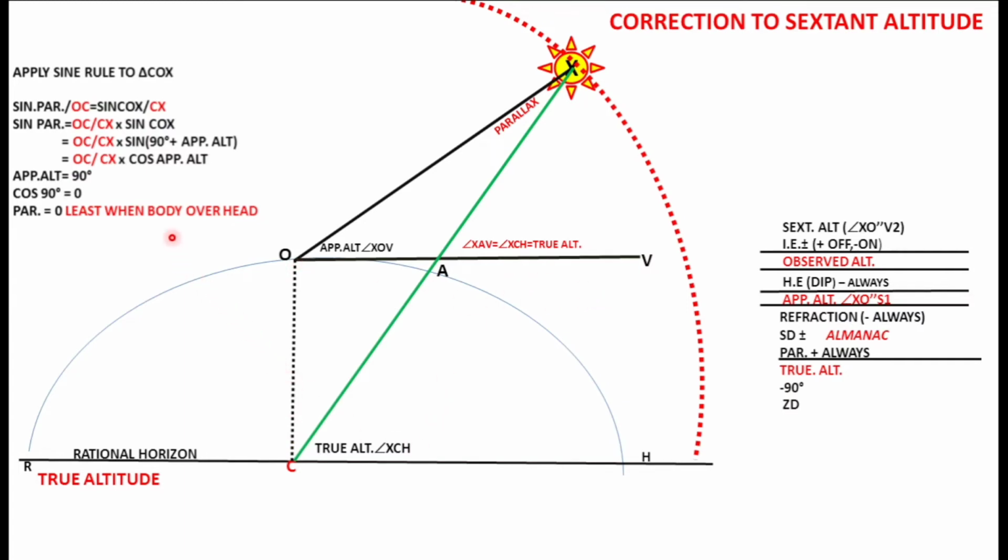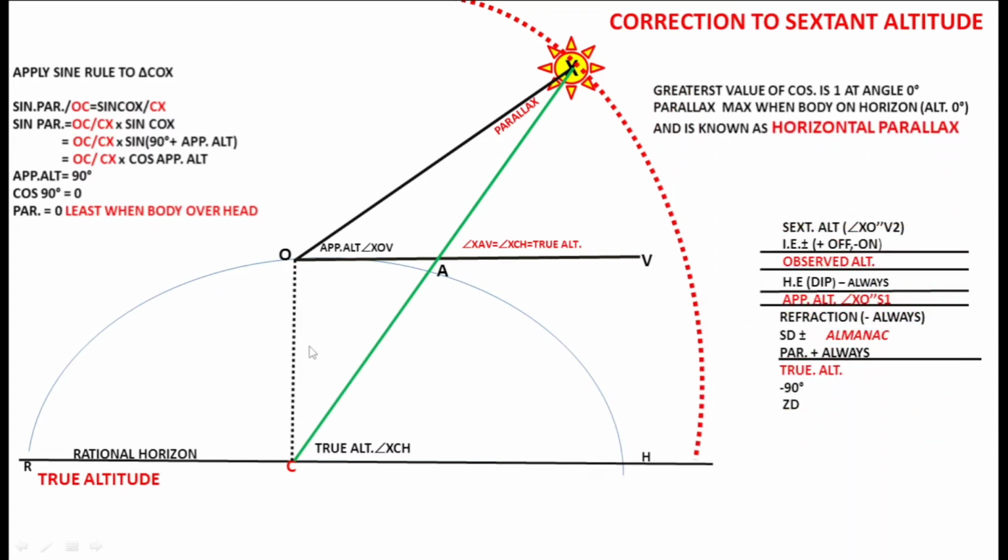So ultimately we get that sine of parallax is equal to cos of apparent altitude. If the altitude is 90 degrees, cos is 0, so parallax becomes 0. So parallax reduces as the body gains in altitude, and it becomes 0 at 90 degrees.